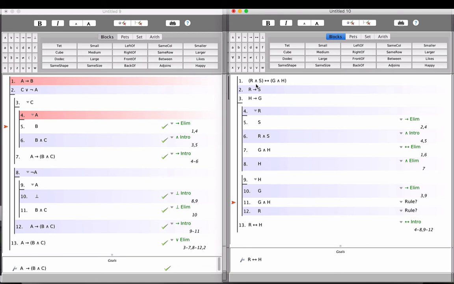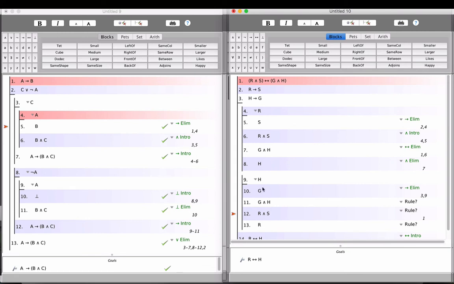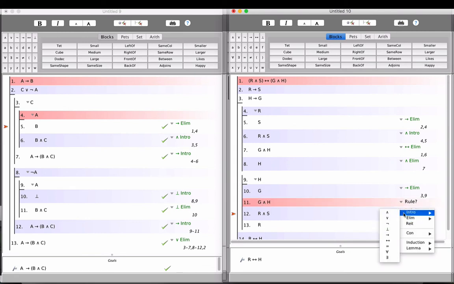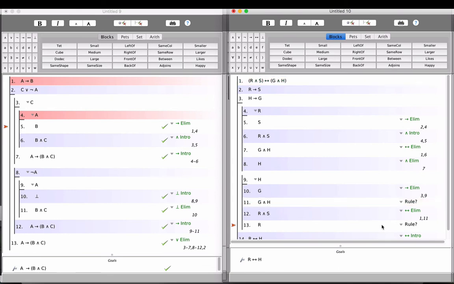Remember, you're always reaching up into your proof sequence and you are dismantling or assembling. So we've assembled G and H. Now we're in a position to dismantle R conjunction S. So 1 and 11 by conditional elimination gets you R and S, and then R is derived by way of conjunction elimination.